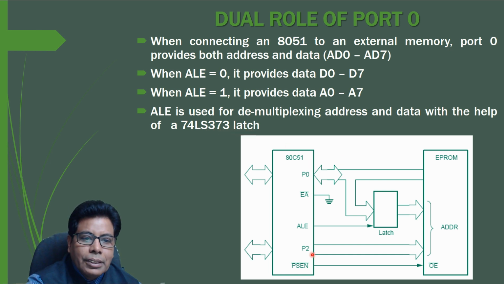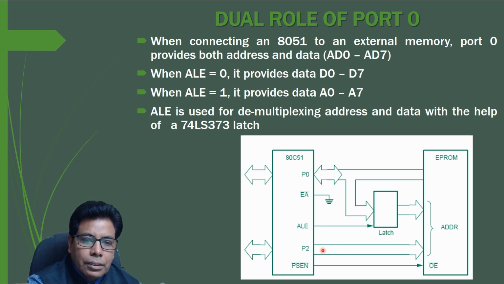So here we have shown the diagram for that. This is 8051, and this is the external memory which is connected to 8051. So this is port 0, which is connected to the latch, and at the output of the latch we will get the address A0 to A7, and here these will be the data lines D0 to D7, and the ALE signal will be used for latching the address in the latch.